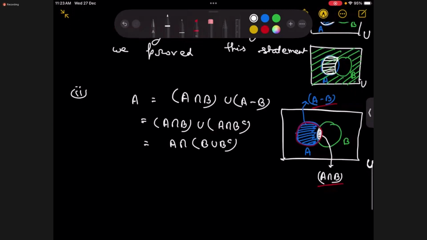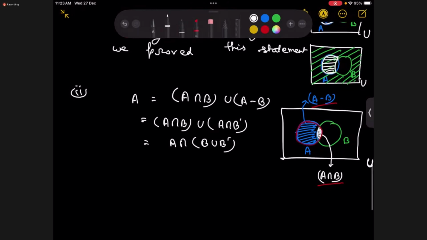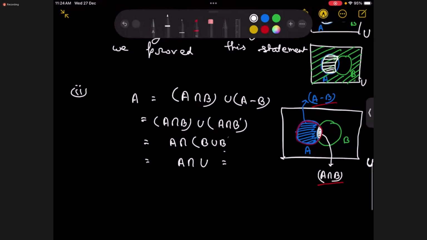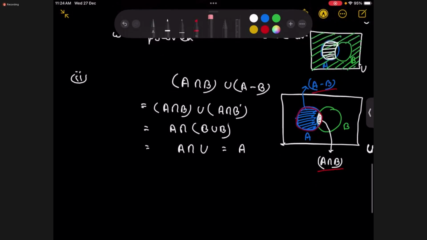Now what about B union B complement? B complement is denoted by B dash, B prime. So what about B union B prime? This is nothing but the universal set U. And what about A intersection the universal set? That will be A. Okay. So we have proved that A intersection B union A minus B is equal to A. And also we have verified this statement using the Venn diagram. Okay.